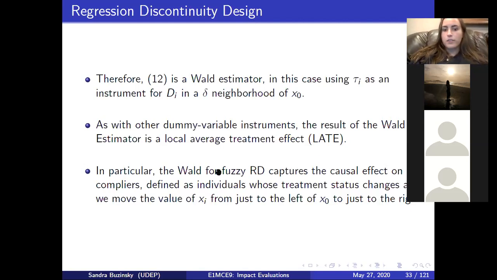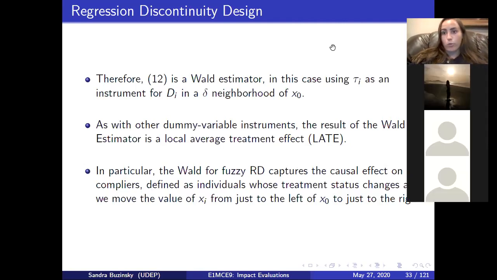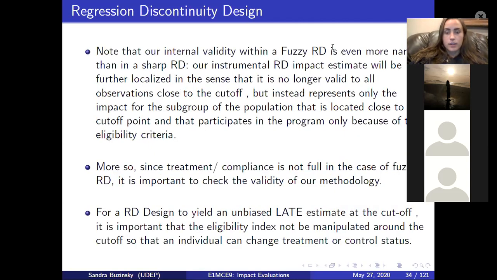Yeah, it says right here, the Wald for the fuzzy RD captures the causal effect on the compliers, defined as individuals whose treatment status changed as we move the value of xi from just to the left of x0 to just to the right. So we're just looking within a small range. We cannot say it's true for the whole sample. That's a careful thing to note.